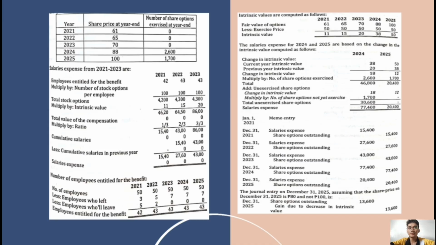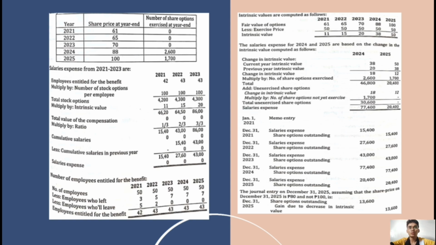Then the salary expense calculation 2021 to 2023. This section calculates how stock-based compensation affects salaries. First, we determine the total stock options. Employees entitled to the benefits are recorded as 42 in 2021, 43 in 2022, and 43 in 2023. Each employee receives 100 stock options.